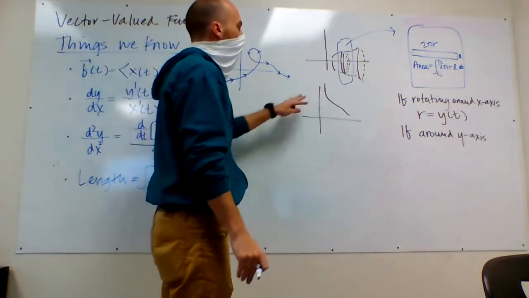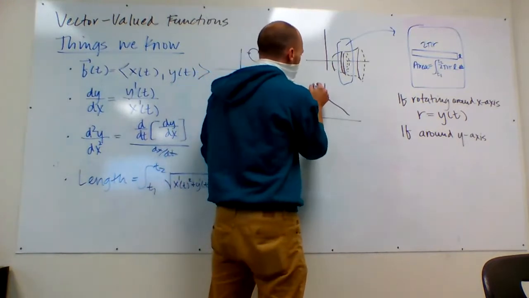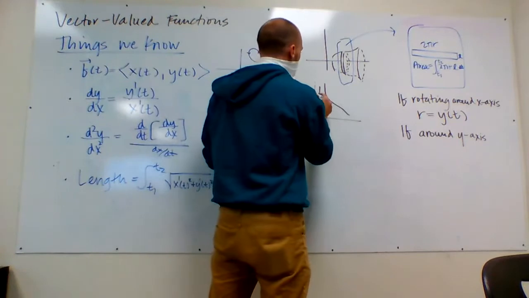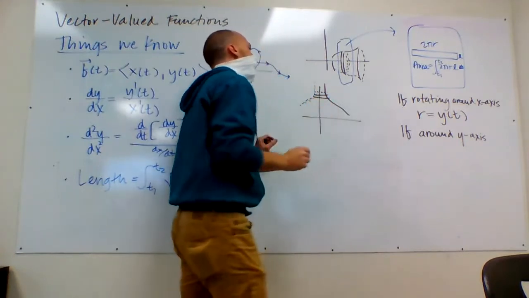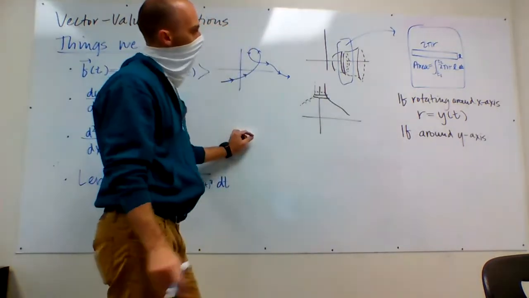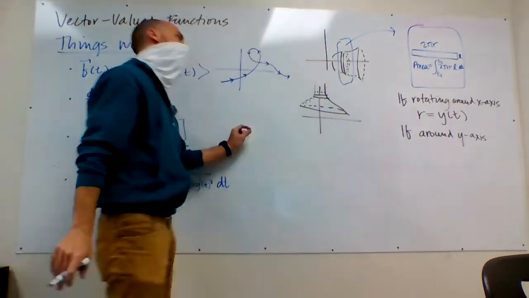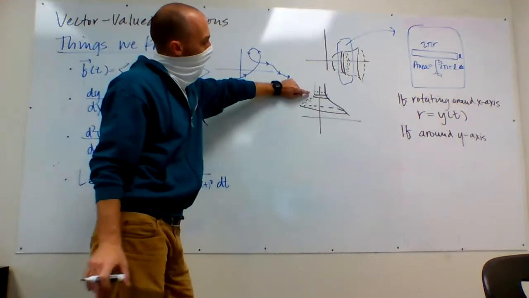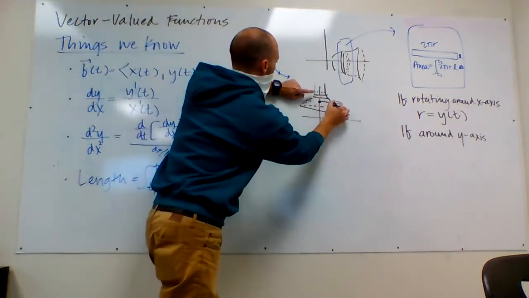But anyway, if we rotate around the y-axis, then in this case, the radius is going to be x of t.